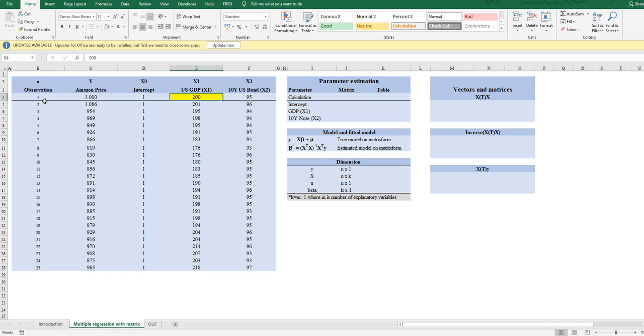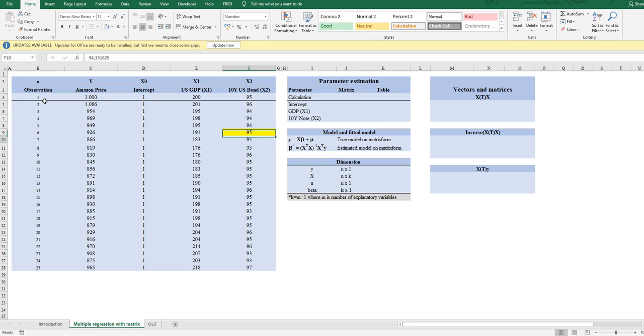And here, likewise, 25 observations of the level of GDP. So you could interpret this as a dollar value, $200 US of GDP on an annual basis. This is simply the price of a 10-year US Treasury.